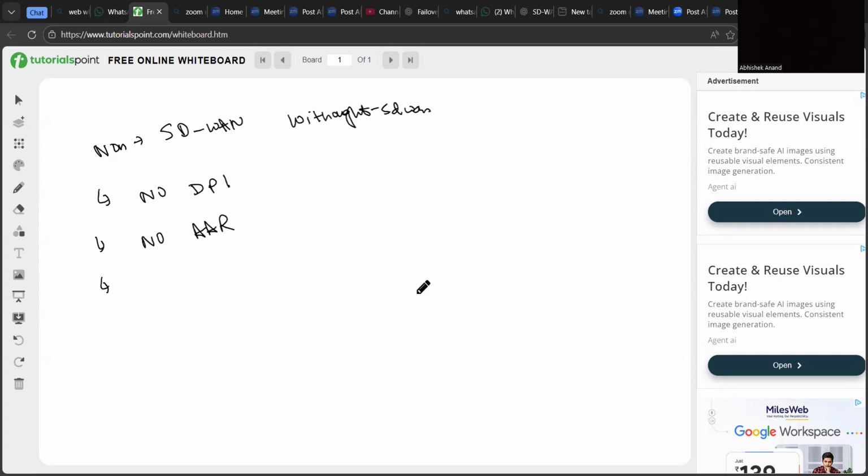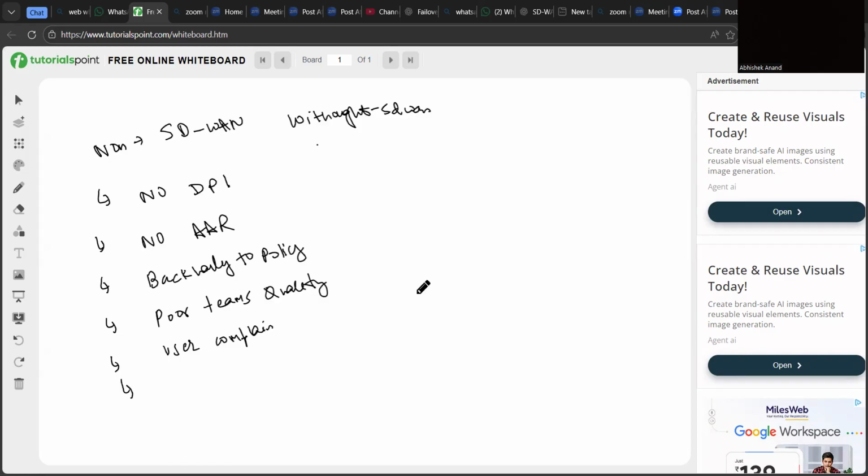There is no backhauling to the DC means through policy, it is all through your routing. Poor Teams traffic quality. No SLA features are also there. User complaints will happen. Users always log an incident without SD-WAN.